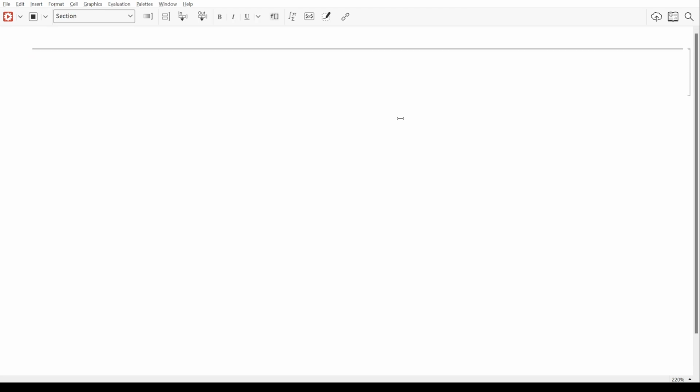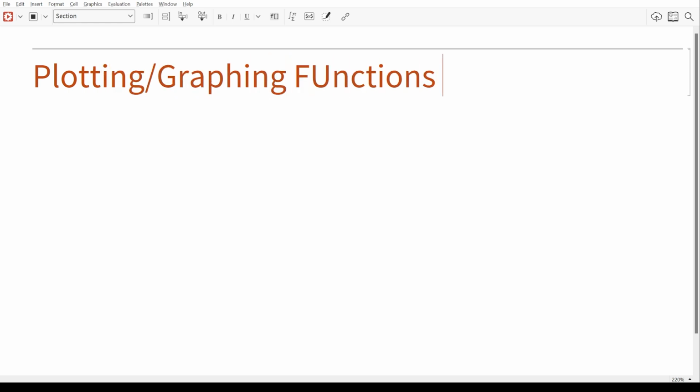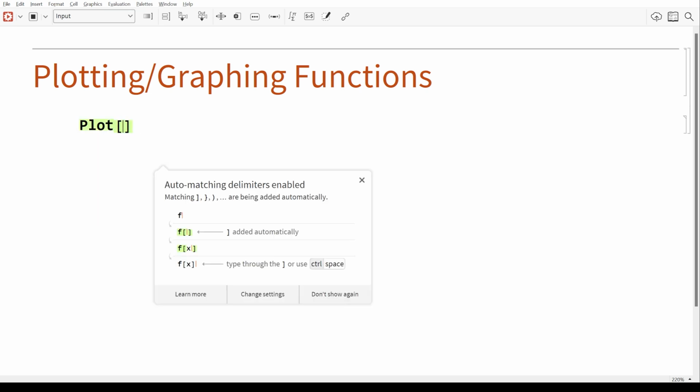So we want to plot functions. So let's give a header called plotting slash graphing functions. Now, what sort of functions should we plot? Let's say I want to plot a function, so I'll call Plot.